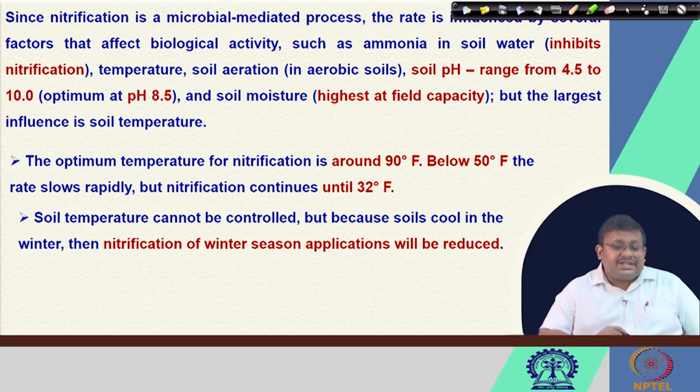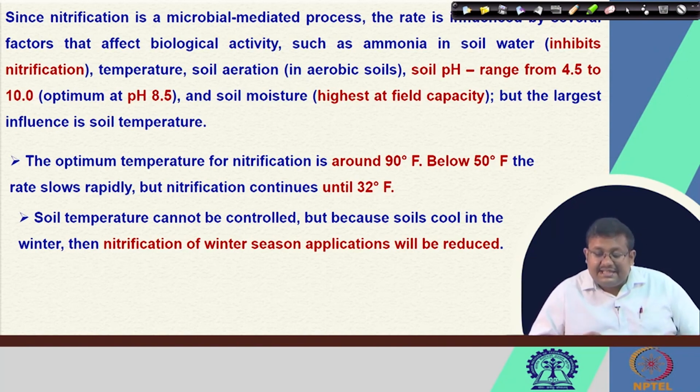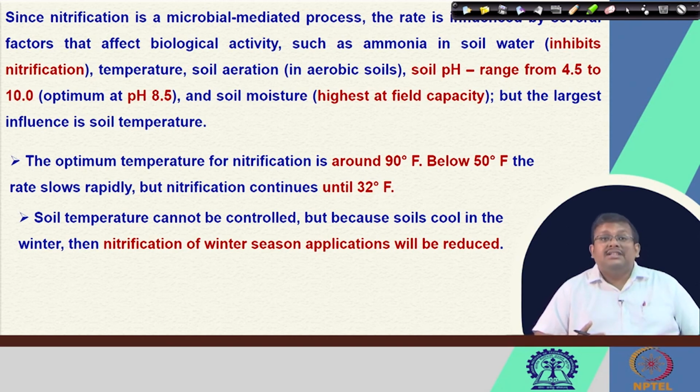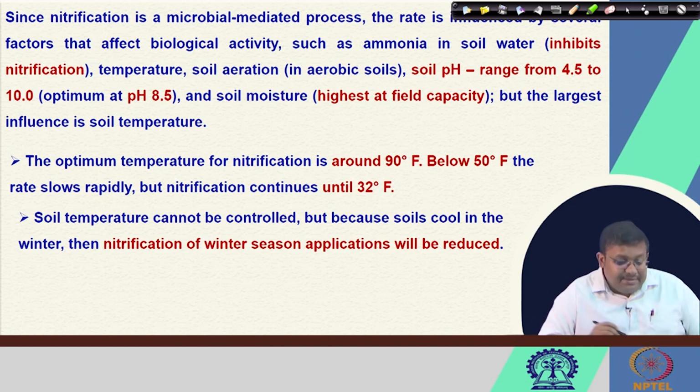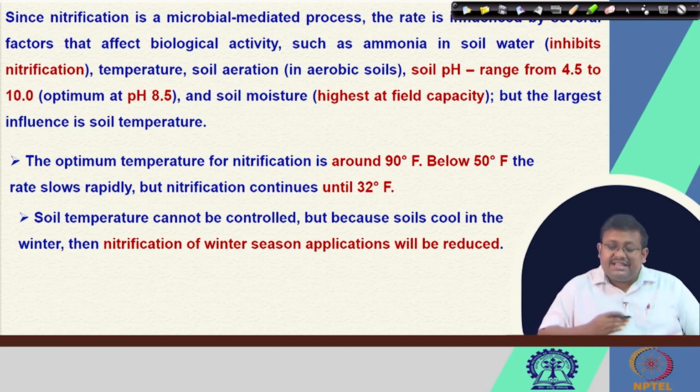Also, since nitrification is a microbially mediated process, the rate is governed by factors that affect these biological activities, such as ammonia in soil water, which inhibits the nitrification process, also temperature, which we have already discussed, soil aeration in aerobic soil, and soil pH, which generally ranges from 4.5 to 10, but we have discussed that the optimum pH is from 7.5 to 8.5, and of course, the soil moisture.